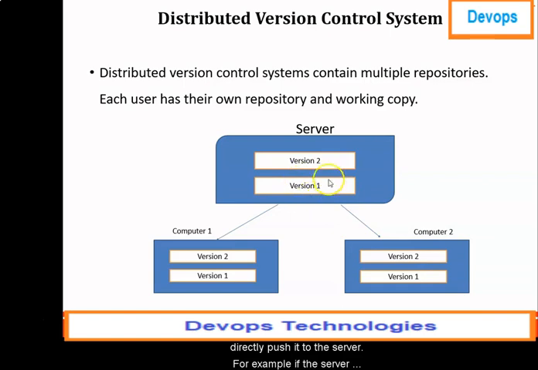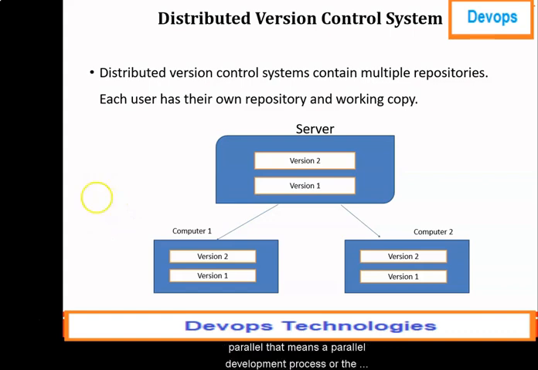If the server crashes, computer 1 or computer 2 already has the complete clone of the main server, so you can still recover the data from the other computers. This is one of the advantages of the distributed version control system, and it also allows parallel development.